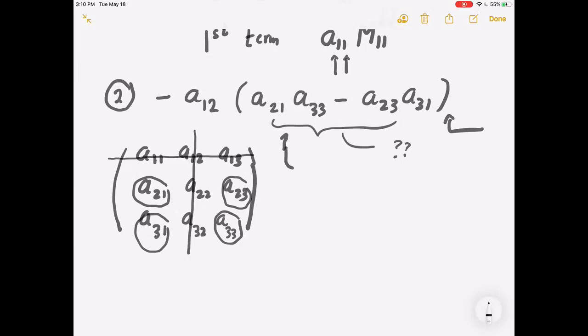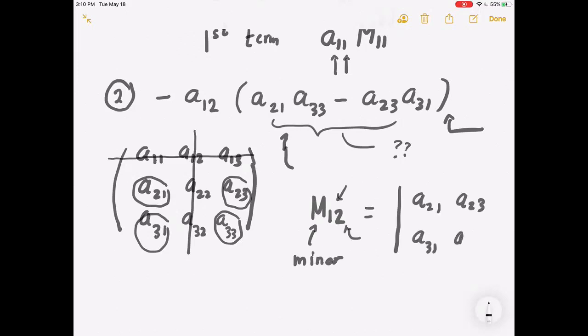That matrix is, again, a minor, but it has subscripts because the subscripts tell you which row and which column you have to kill from the original coefficient matrix to get the desired result. And that's going to be the determinant of a sub 2,1, a sub 2,3, a sub 3,1, a sub 3,3.